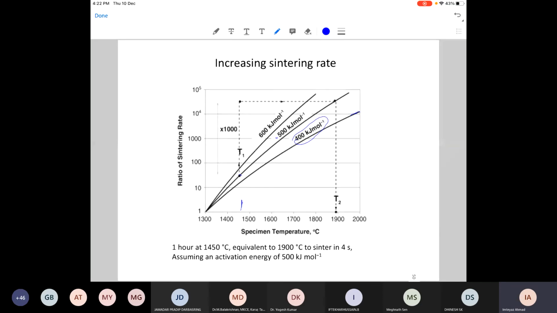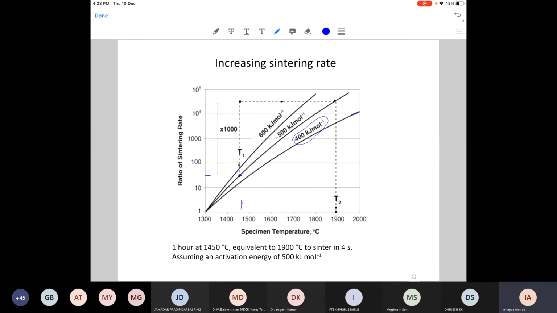So if at 500, you want to have a sintering rate, which is here, let's say close to maybe 40.